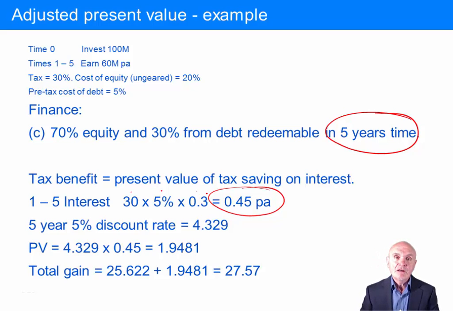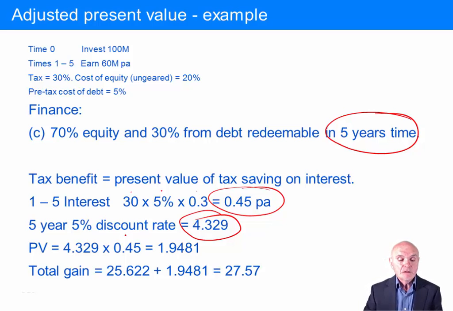The 5-year cumulative discount factor at 5% is 4.329. You can look that up on the discount tables, the annuity tables. So the present value of receiving 0.45, 0.45, 0.45, 0.45, 0.45 for 5 years is 4.329, your cumulative factor, times the annual saving.